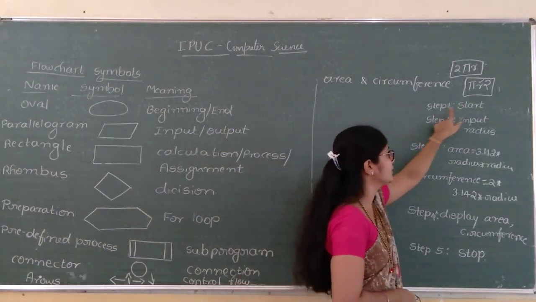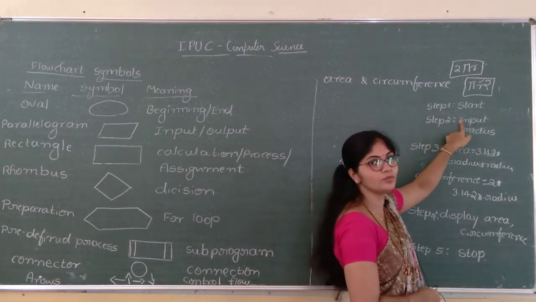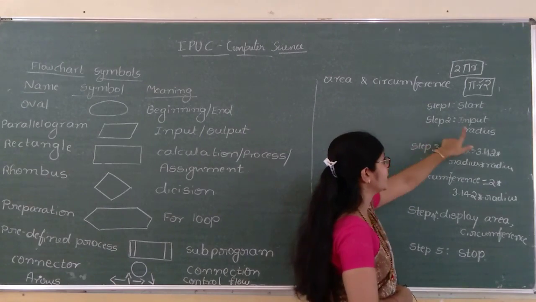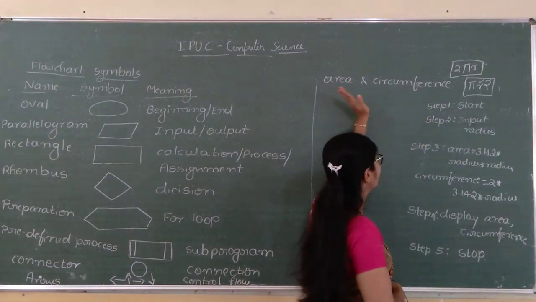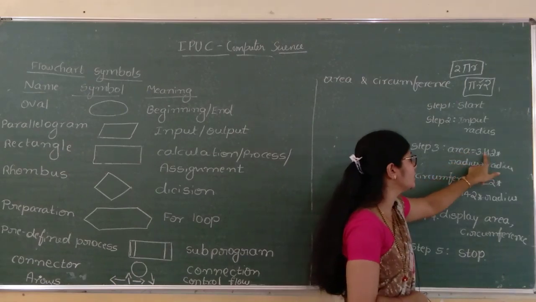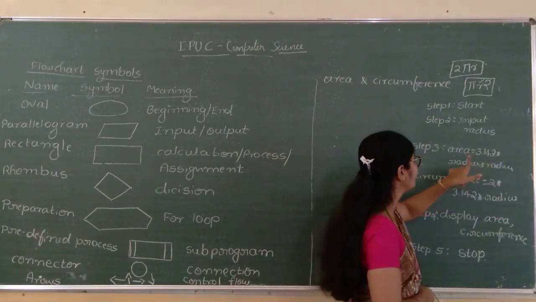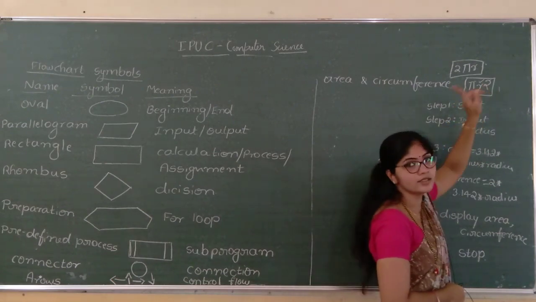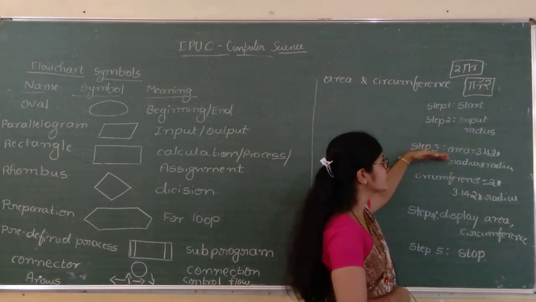Step 1 the start, step 2 input is required to find out the area and circumference. Radius is required. Step 3 area is equal to 3.142 into radius into radius. Pi r square is used to find out the area of the circle.